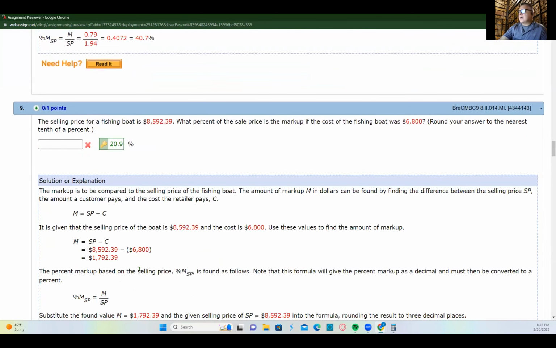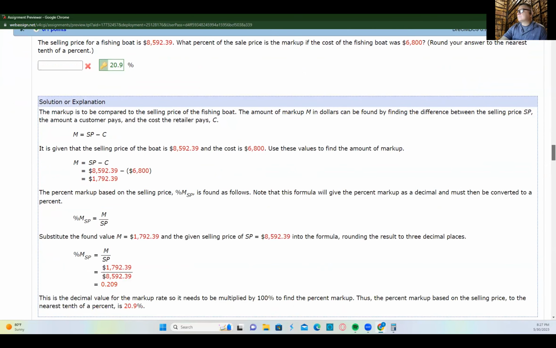I'll scroll down to number 9. They give you a pretty long explanation here that you really don't need. Pretty much the information is the selling price and the cost. You can find your markup in dollars pretty easily.